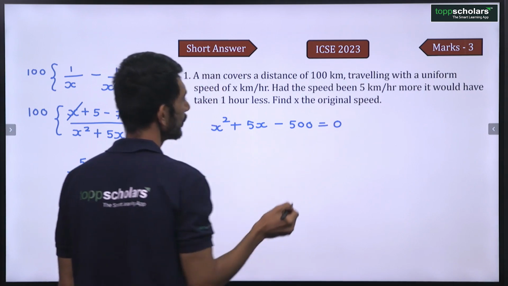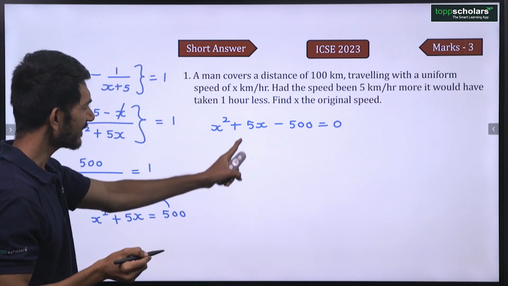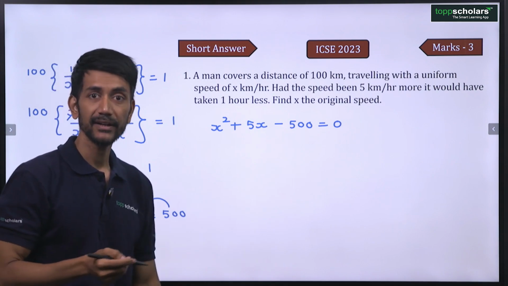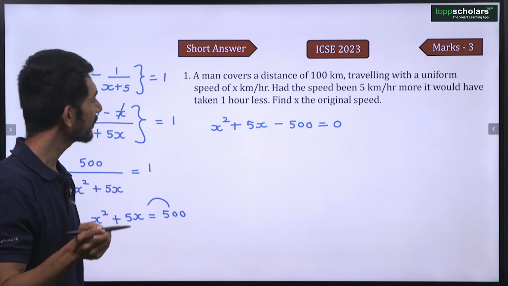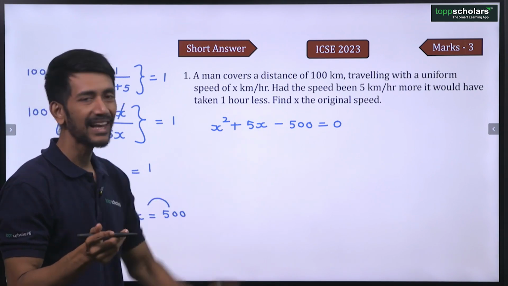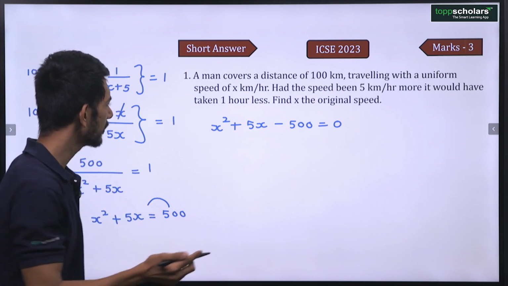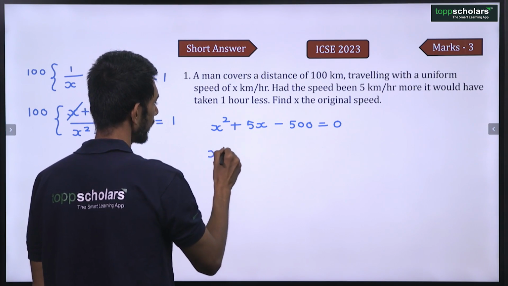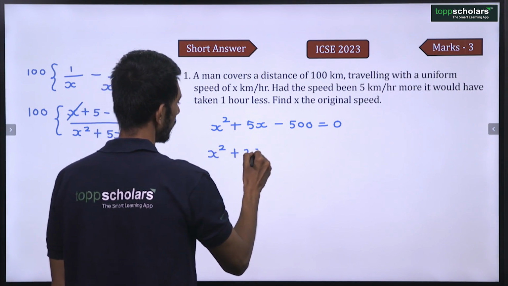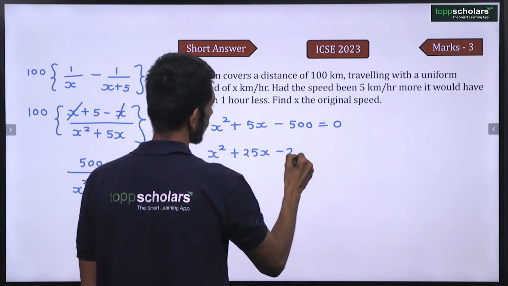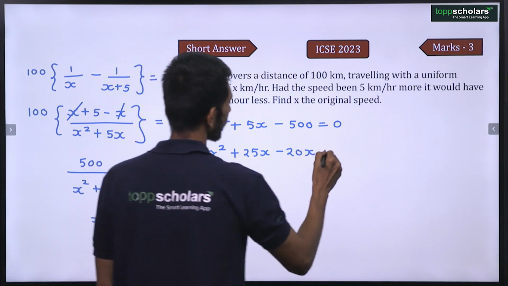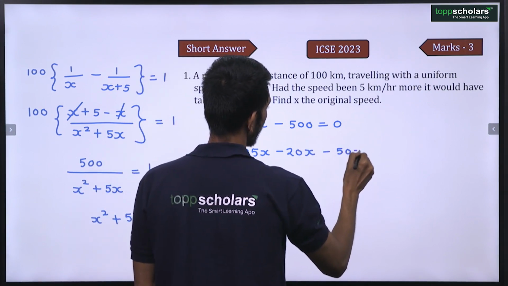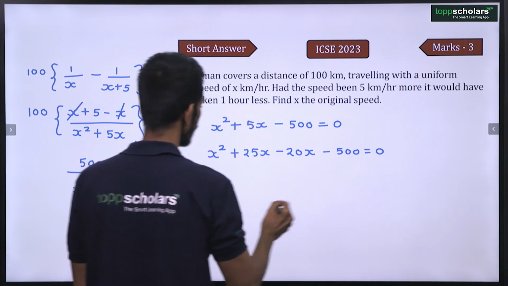is equal to 0? So can I say 25 into 20 is 500, right? 25 into 20 is 500. In the middle we have plus, in the last we have minus. You know how to split the middle term. So plus 25 minus 20. So you get x square plus 25x minus 20x minus 500 is equal to 0.